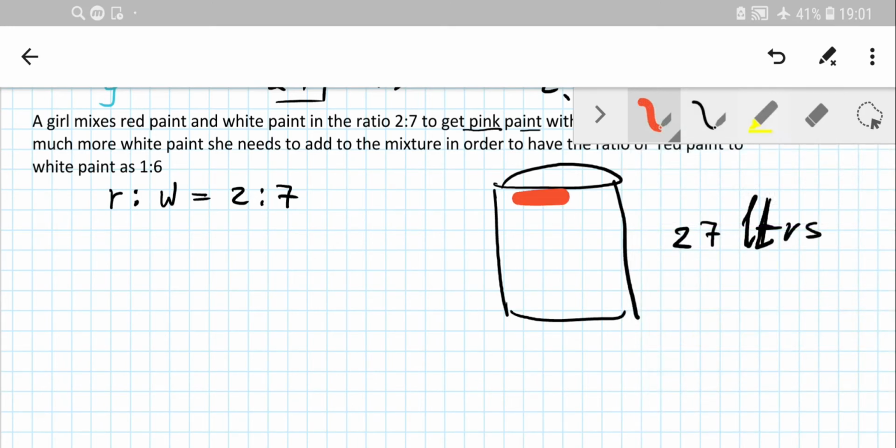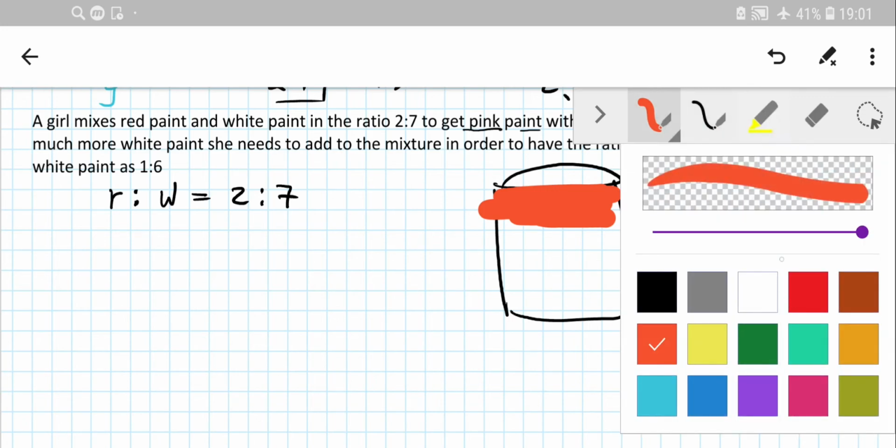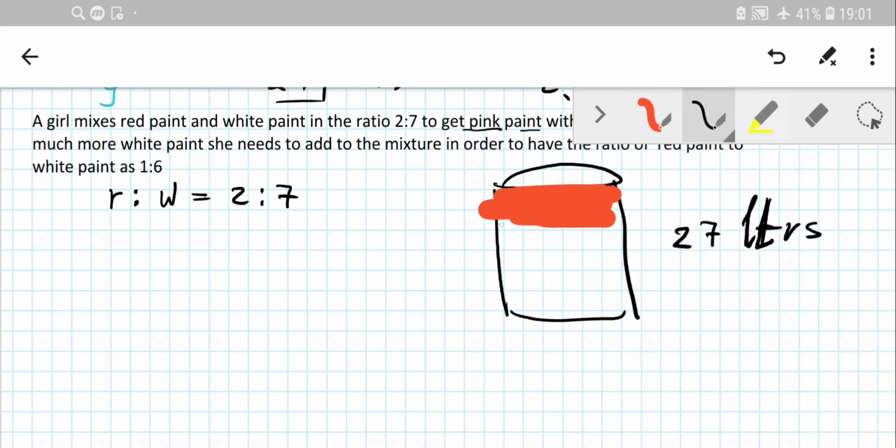That's some red part, which is actually only 2 parts. And the rest part is white. So actually we can say that now red is here and this is white. So red and white, they are volumes related as 2 to 7.